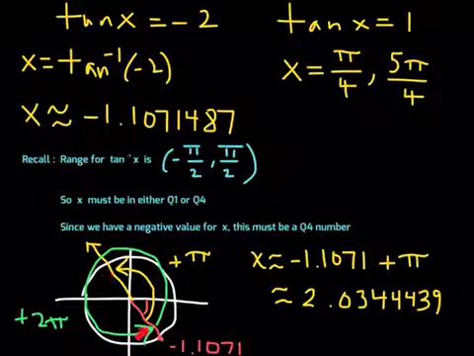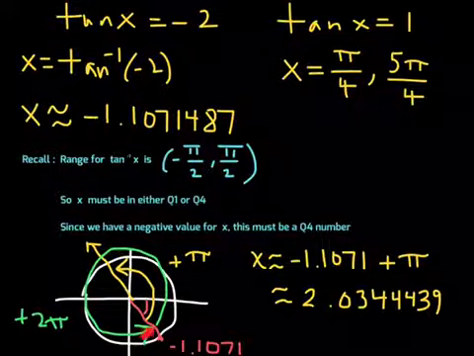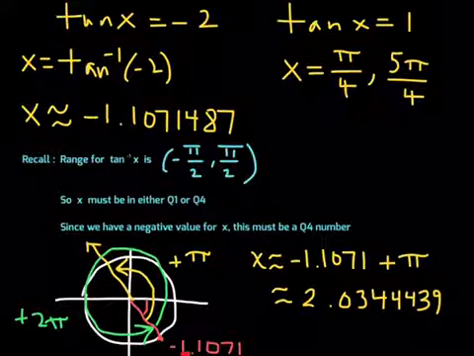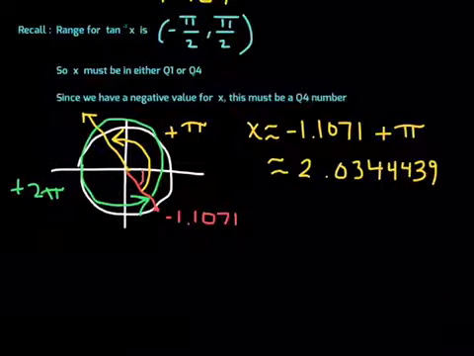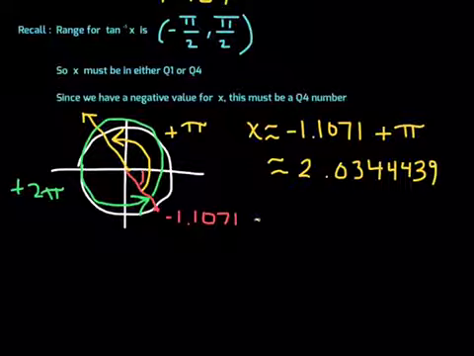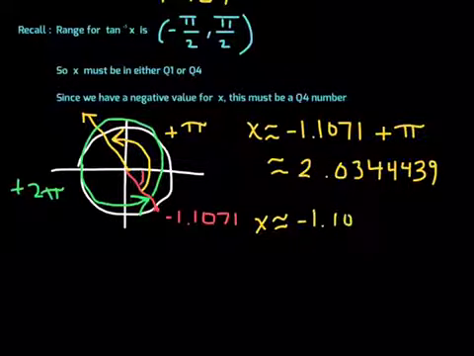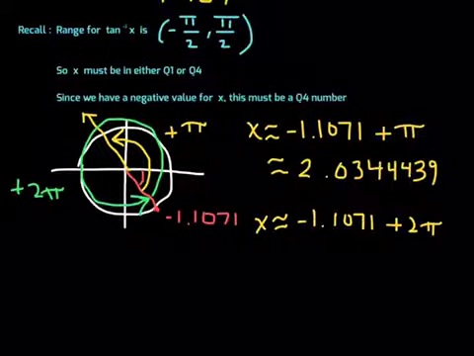Now to get our quadrant 4 answer, we're going to add 2 pi to negative 1.1071. All right, the last solution here is going to be x is approximately equal to negative 1.1071, but this time let's add 2 pi. This is going to give us that coterminal angle with negative 1.1071, but in the correct interval between 0 and 2 pi.